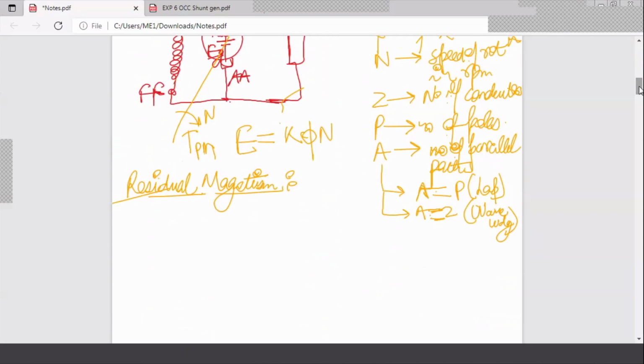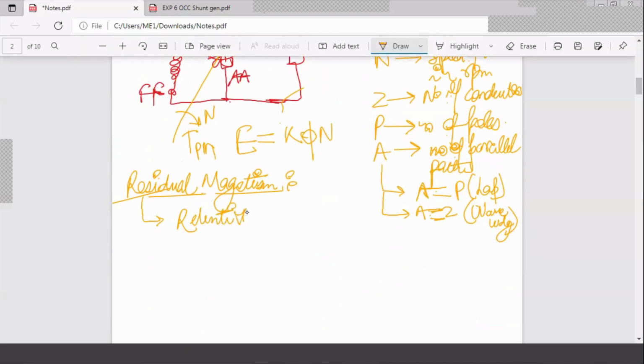So this property of having some residual magnetism is known as retentivity. What is retentivity?